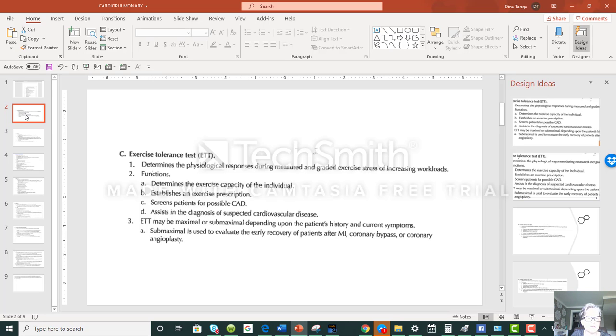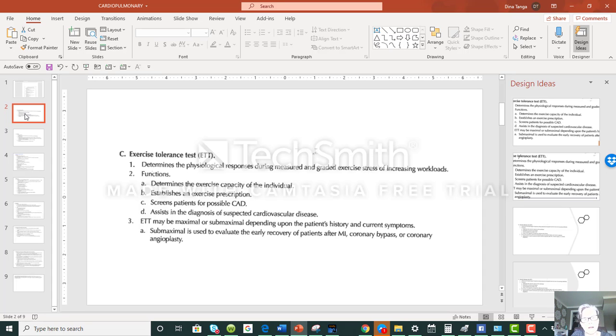So, an exercise tolerance test, ETT. It determines the physiological responses during measured and graded exercise stress of increasing workloads. The function of the test is to determine the exercise capacity of the individual. It establishes an exercise prescription.